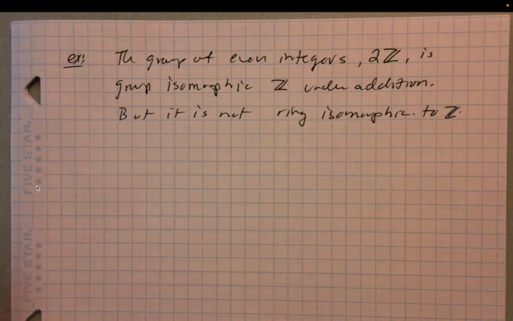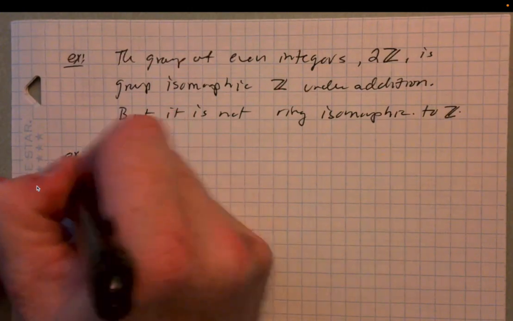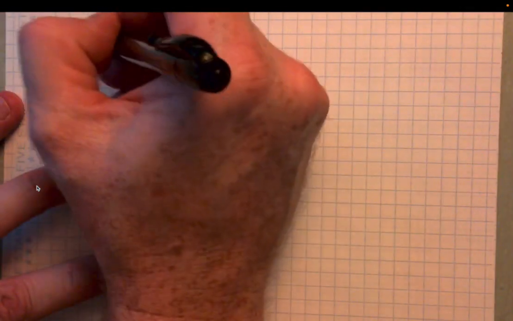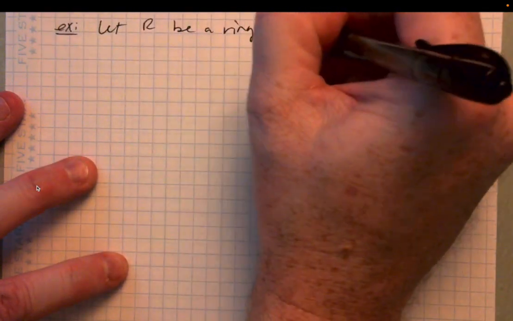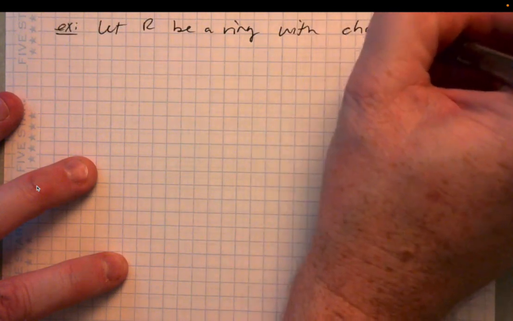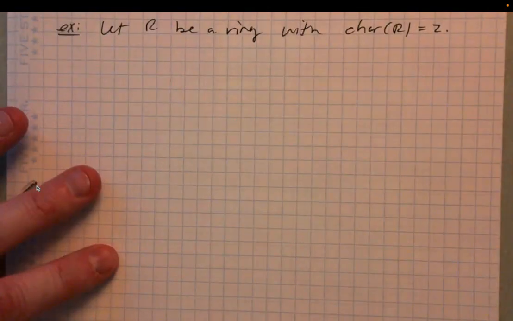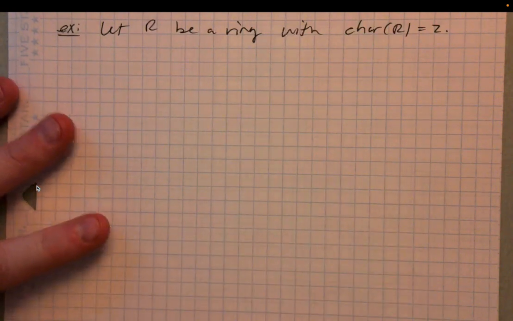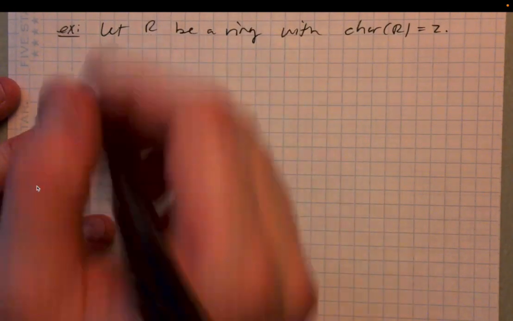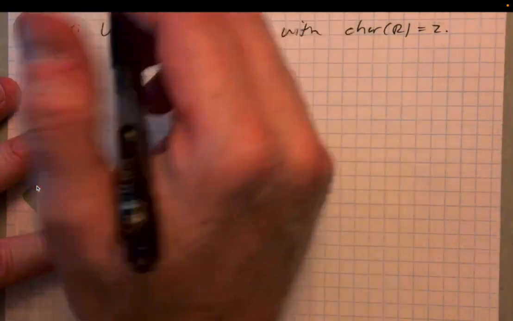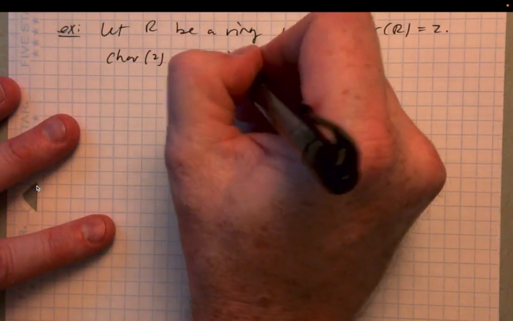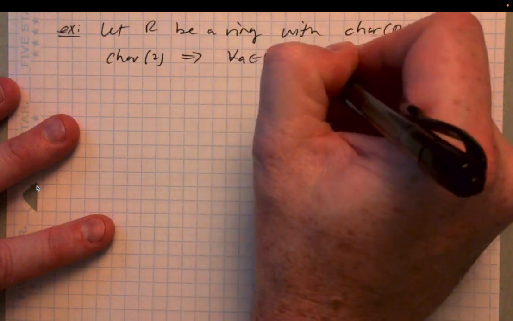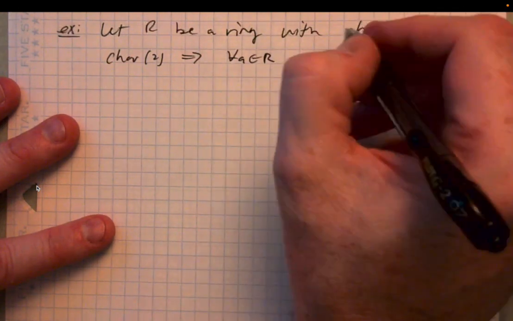Okay. And then here's a nice example also. Let's let R be a ring with the characteristic of R equal to 2. Okay, what do we mean by characteristic? Let's remember that. We talked about that a couple lectures back. So characteristic 2 implies that for all A in the ring, A plus A equals 0.